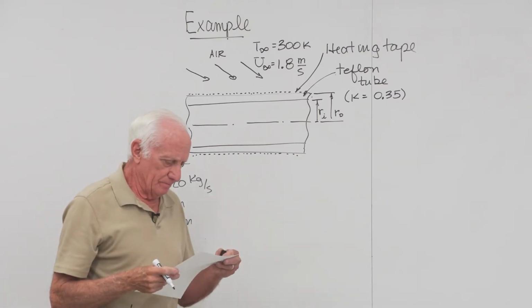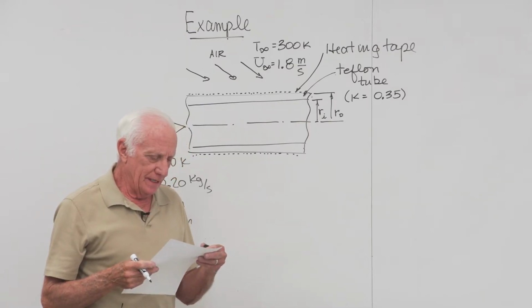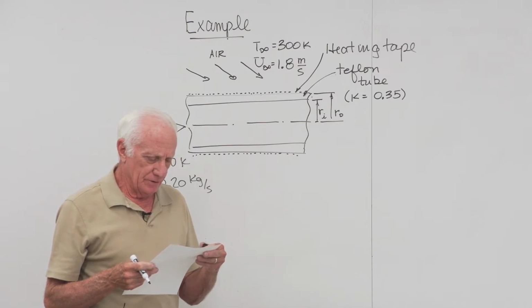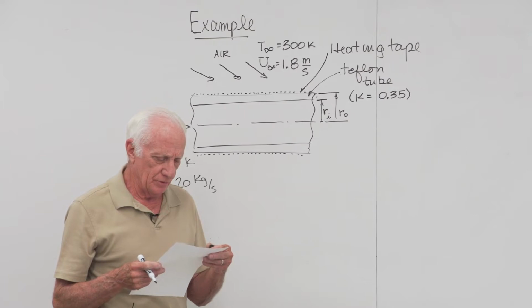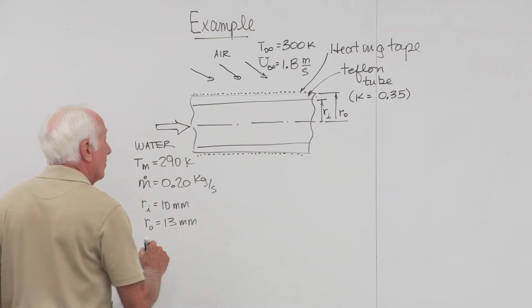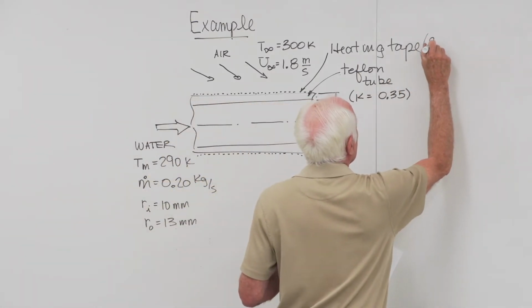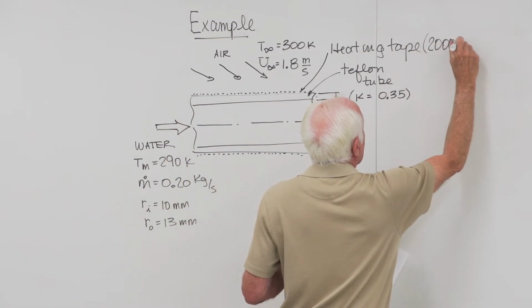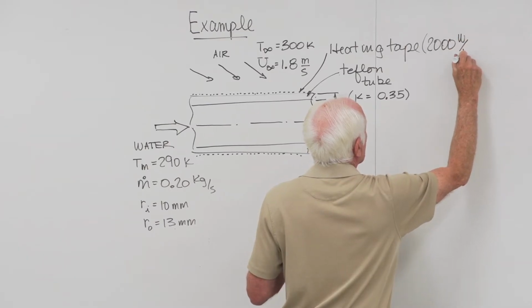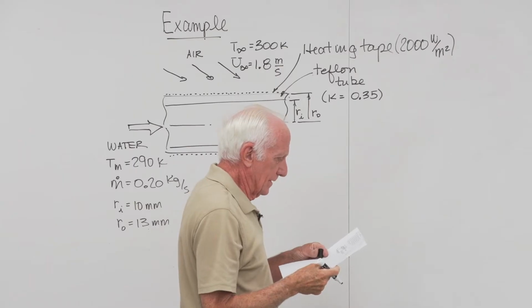Okay, keep reading. A thin electrical heating tape wrapped around the outer surface of the tube delivers a uniform surface heat flux of 2,000 watts per square meter. Right, okay.